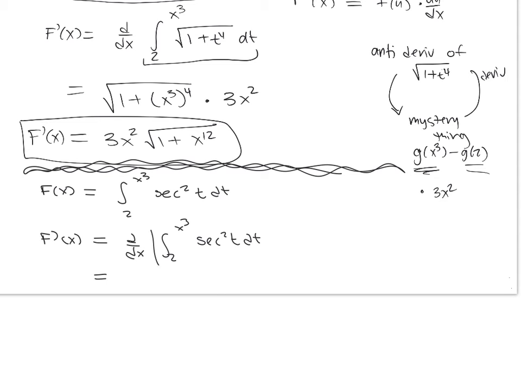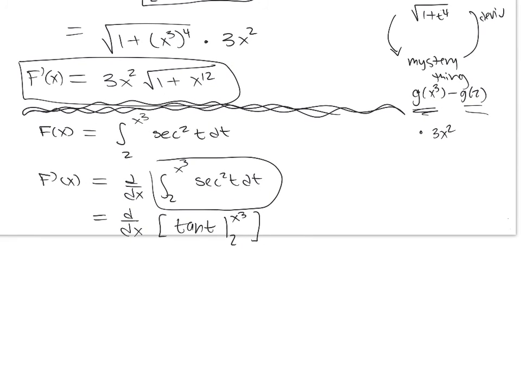First, what's the antiderivative of secant squared t? Tangent t. You plug in 2 and x cubed, and you still haven't taken the derivative, so the d over dx stays. You get tangent of x cubed minus tangent of 2.